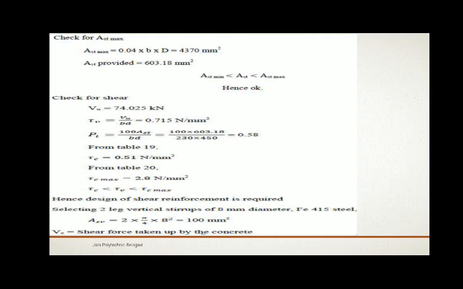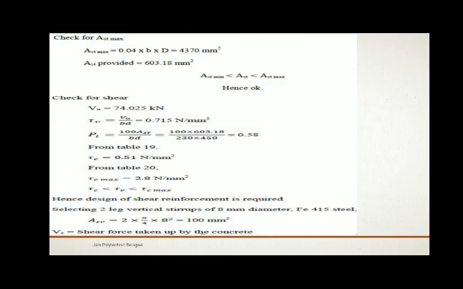So next is percentage of steel, that is 100 Ast by b d. After substituting the values we get 0.58. Therefore now from table 19 of IS 456, tau c is equal to 0.51 Newton per mm², and from table 20, tau c max is equal to 2.8 Newton per mm².